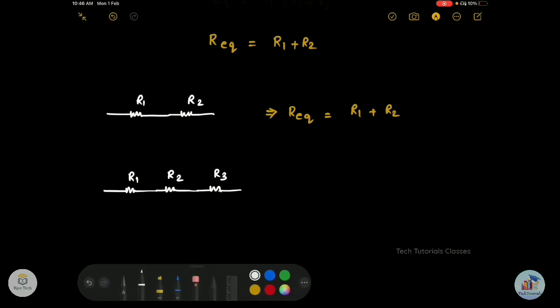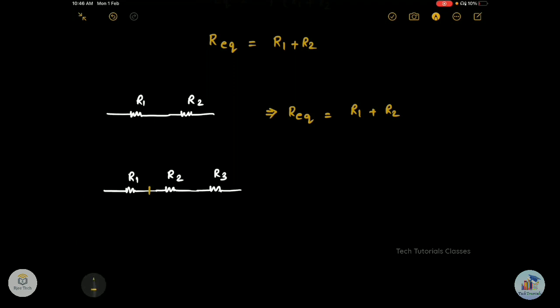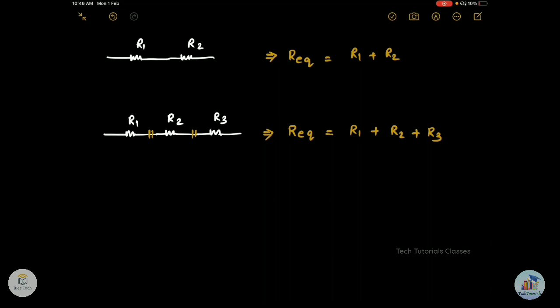First of all, you have to check: is it a series connection? Very important. One end of resistor R1 is connected to the other end of resistor R2, and one end of resistor R2 is connected to the other end of resistor R3, right? So it is a series connection. So what will be R equivalent? R1 plus R2, just the sum of the elements, plus R3. Very simple.